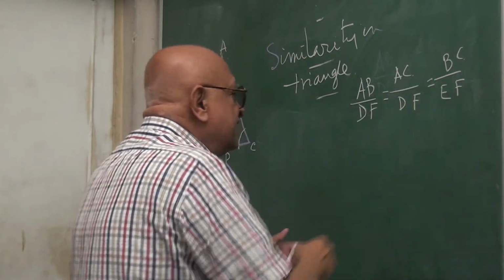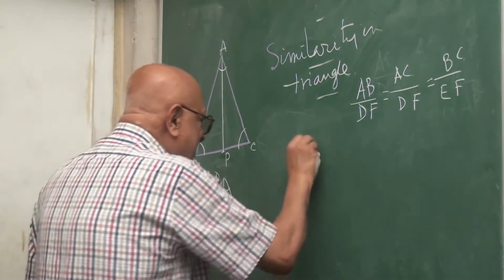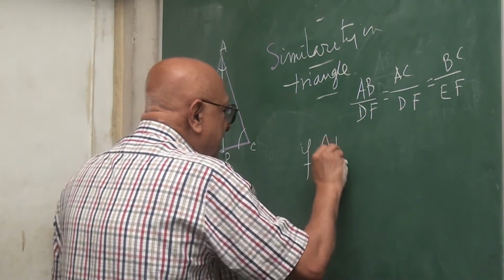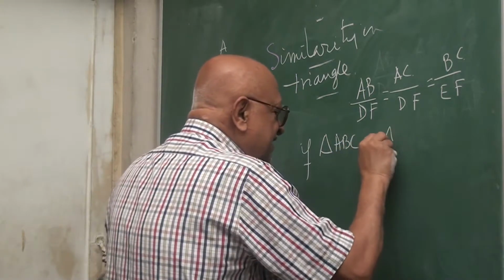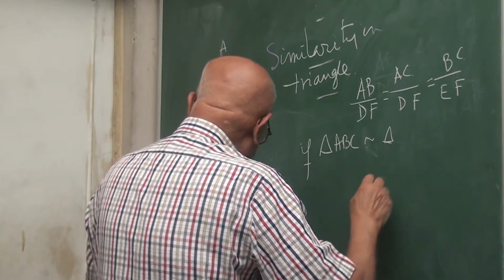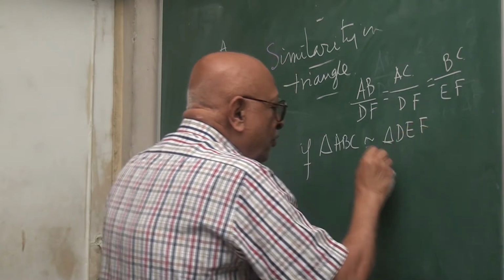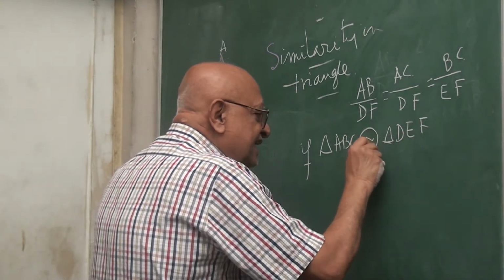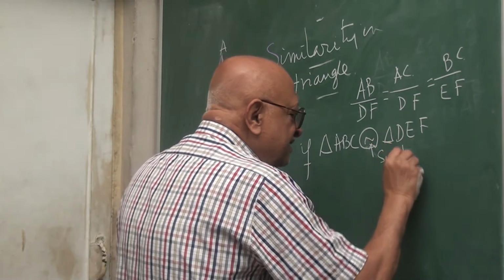So this ratio holds if triangle ABC is similar to triangle DEF. What is this sign? This sign is used for similarity.